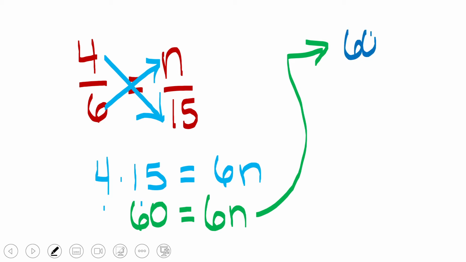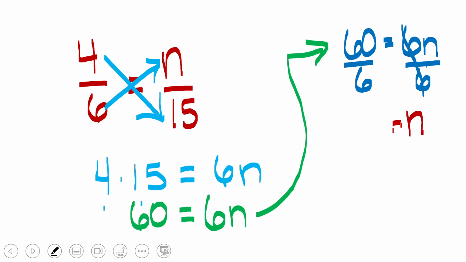If we have 60 equals 6n, 6 times n, to solve algebraically, if 6 is multiplied by n, then we divide by 6 on both sides. 6 over 6 is 1. N is left by itself, which is our goal. 60 divided by 6 is 10.